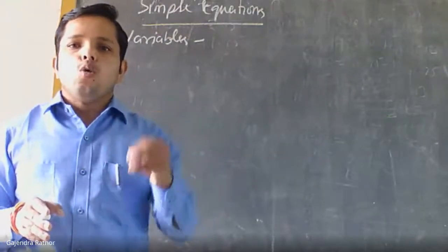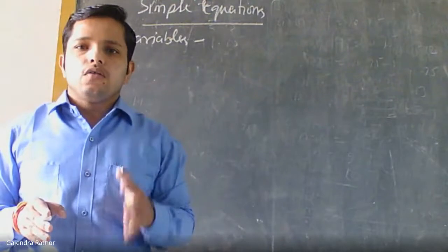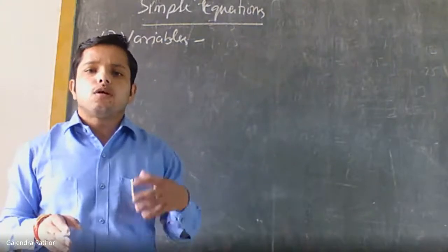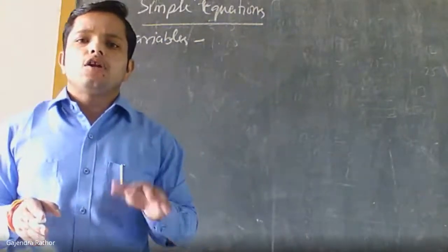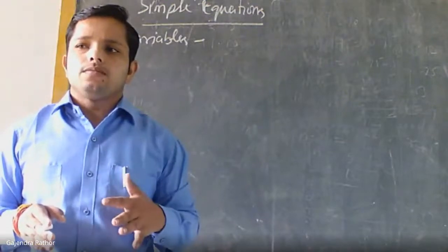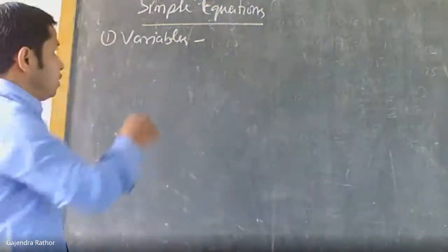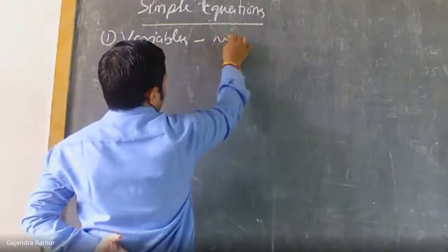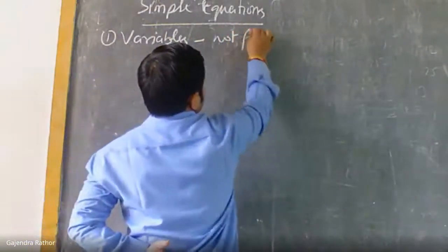Variables means whose value is not fixed and it can take any value, that is, from negative numbers, from 0, or any natural numbers, decimals, fractions, etc. Okay, so variables we can say are not fixed values.